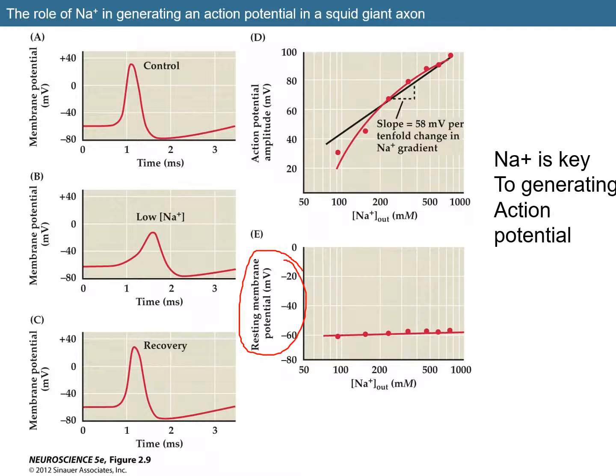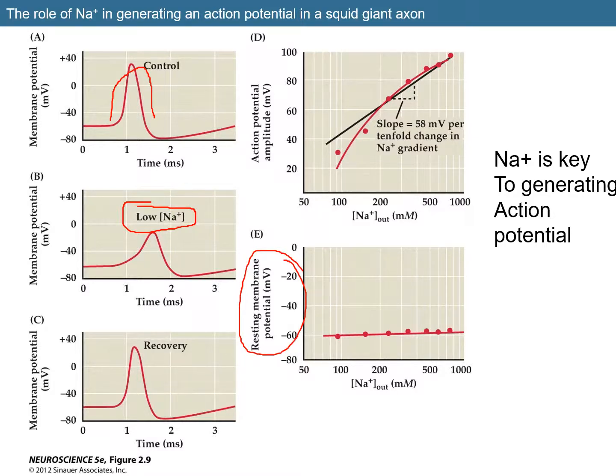So this is a normal control event here. You can see an action potential in A here. And then we come back and we can see that if we change the concentrations to low sodium, we see that the overall amplitude of the action potential drops. Okay.